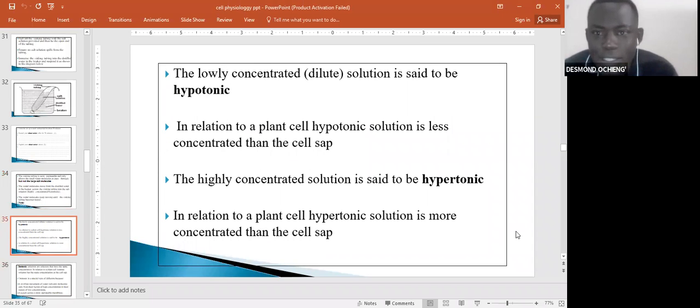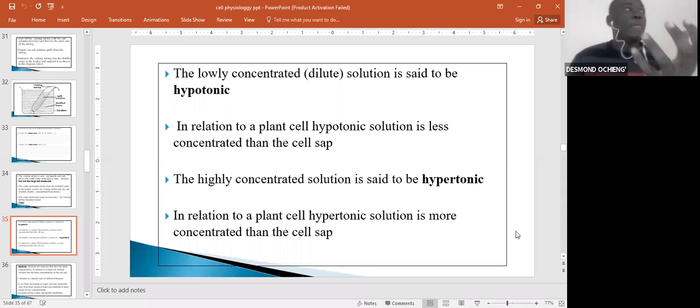Now, the lowly concentrated solution is said to be hypotonic, and I think I mentioned this a few minutes ago. A hypotonic solution is a solution which is lowly concentrated. It is dilute. This is a solution which has got very few solute particles in it.